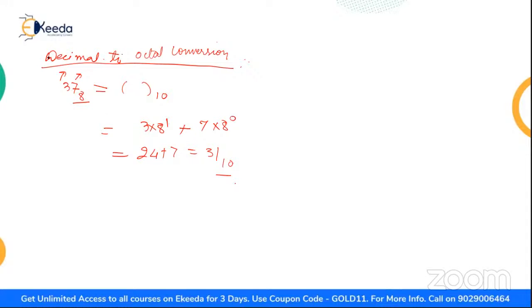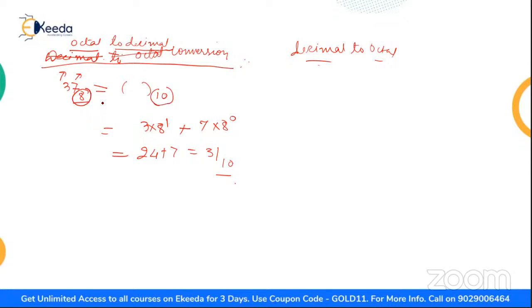Sorry, this was octal to decimal. Now decimal to octal. Remember that you are converting octal to decimal, so octal is the base you are given, but the number you're finding is of base 10.